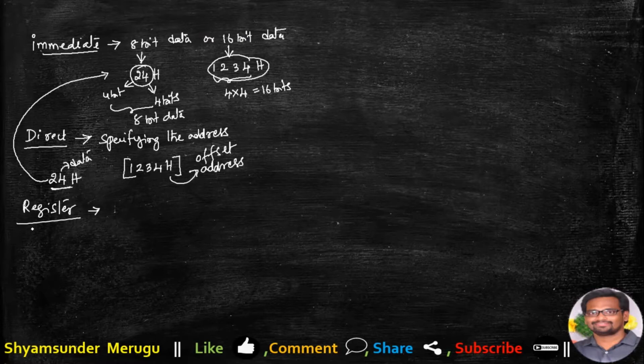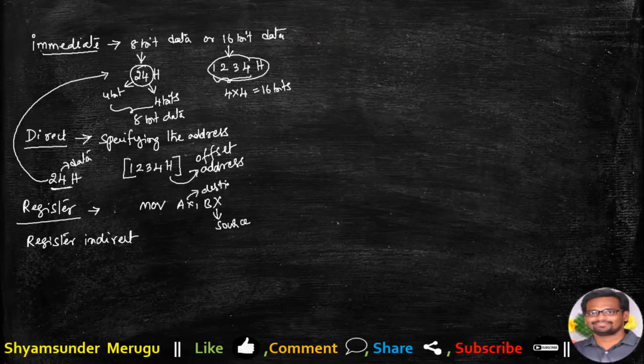Now, if I say register indirect, right? In case of register addressing, generally an instruction is like this: MOV AX, BX. The first term indicates the destination operand and the second one the source operand. In the register addressing mode, both operands will be registers.